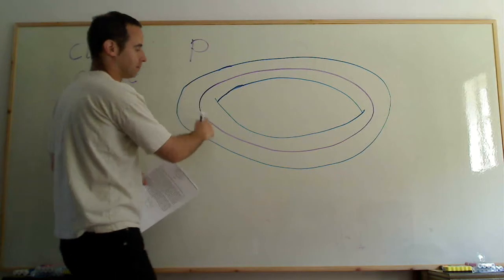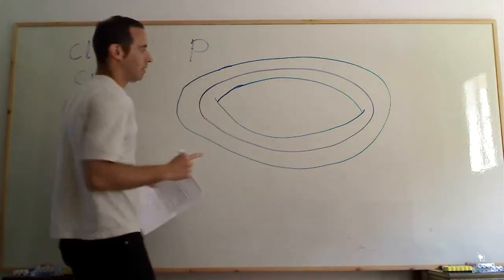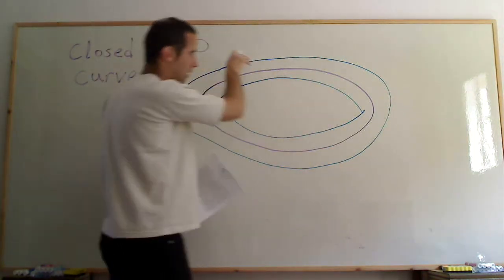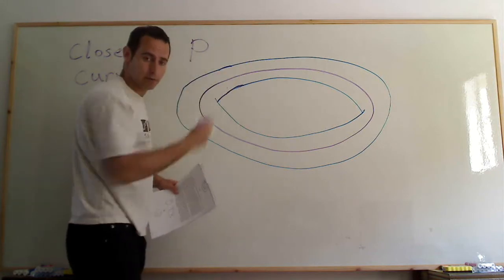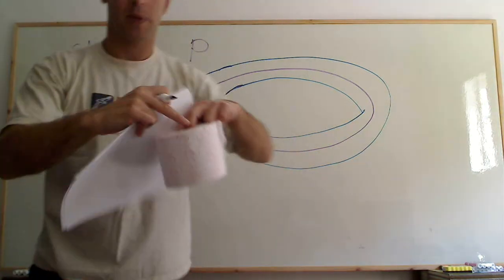This is P, another closed curve, and it's going around the hole. The other one went through the hole, like through the toilet paper.